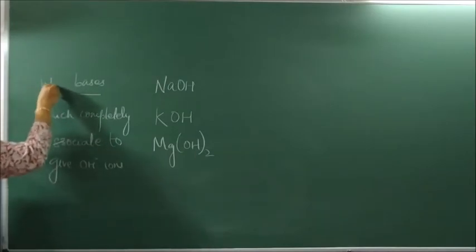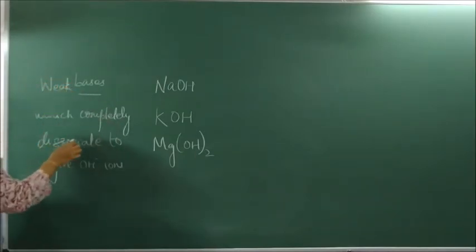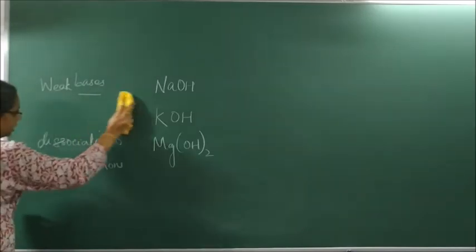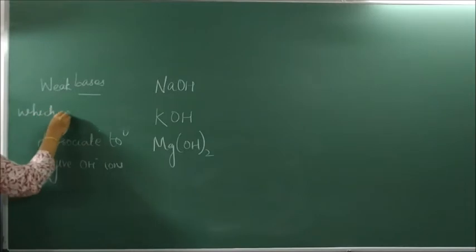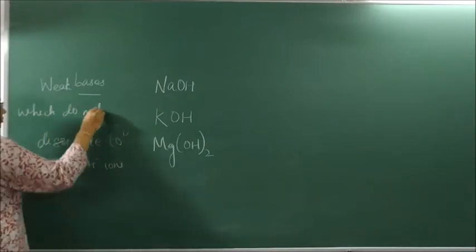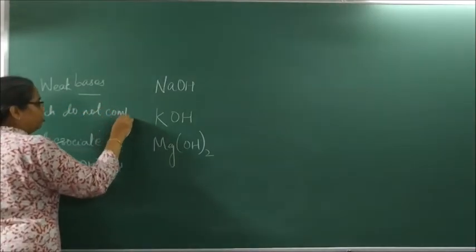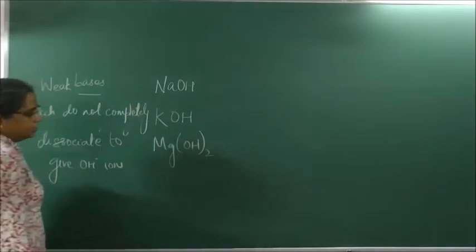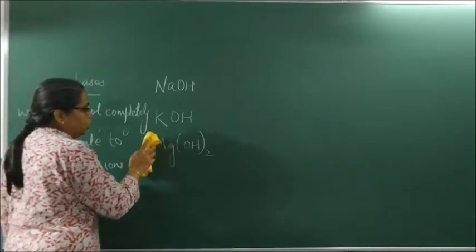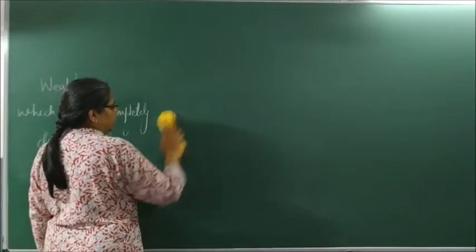We will talk about weak bases, which do not completely dissociate. Which do not completely dissociate to give OH minus ions are called as weak bases.